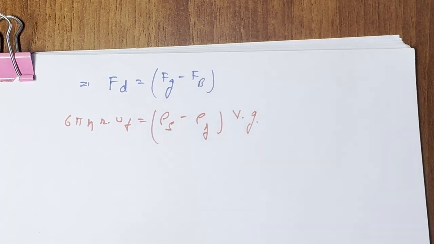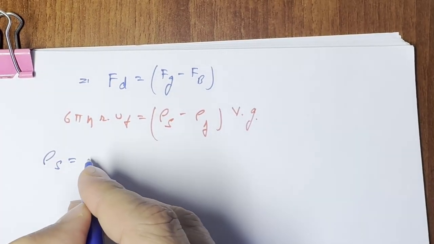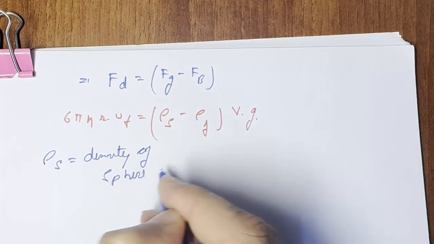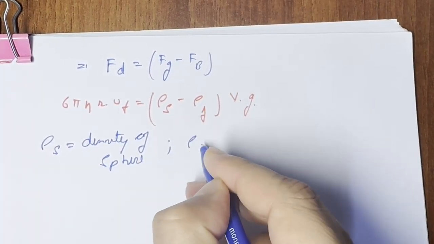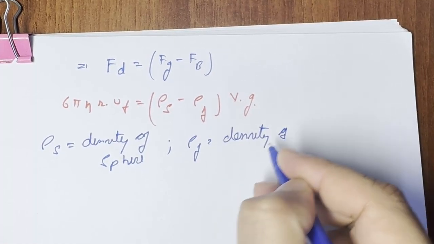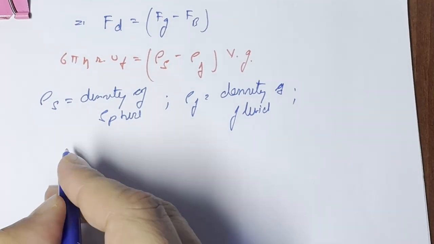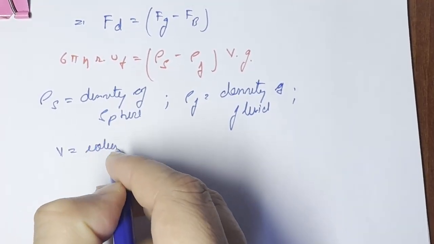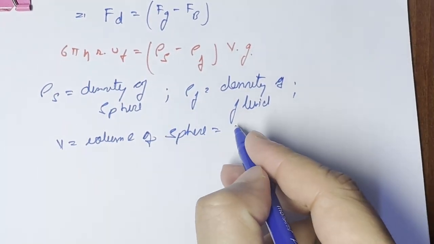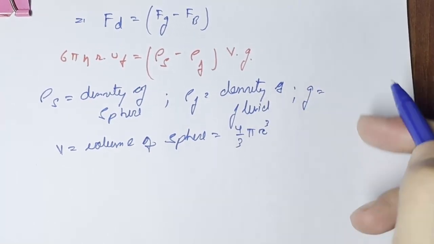In this case rho s is the density of the sphere, and rho f is the density of the fluid, and V is the volume of the sphere, and obviously that will be equal to 4 by 3 pi r cube, and g is our acceleration due to gravity.